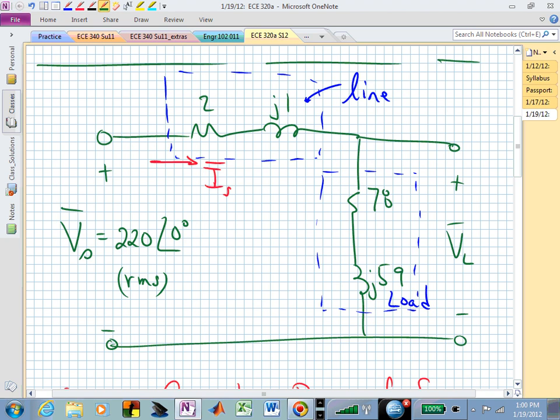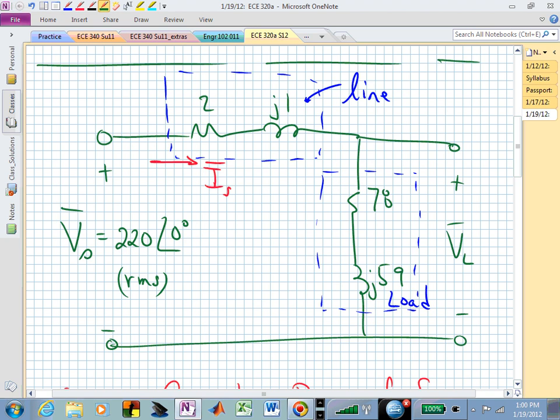Well, just make it simpler and go, what would I do if that impedance wasn't there? I would just multiply 78 times the current. Now you have a complex impedance, 78 plus J59. That quantity gets multiplied by the phasor, this complex number, I sub S bar, to give me V sub L bar as a phasor.